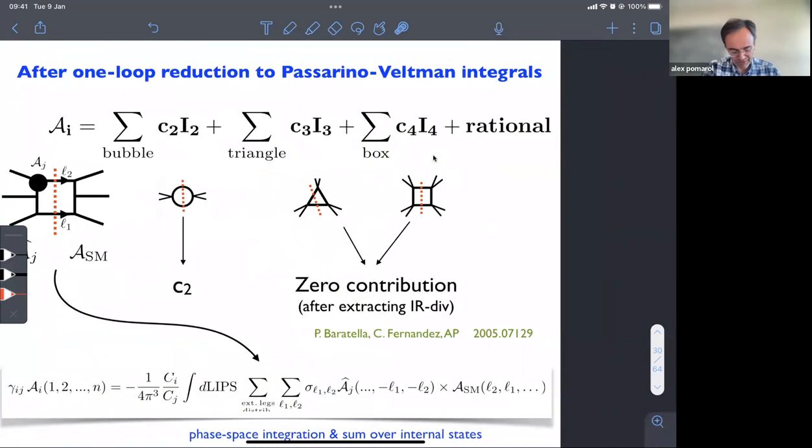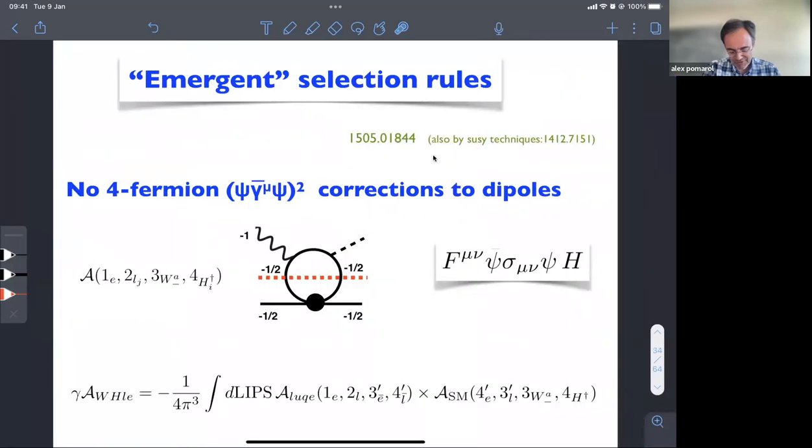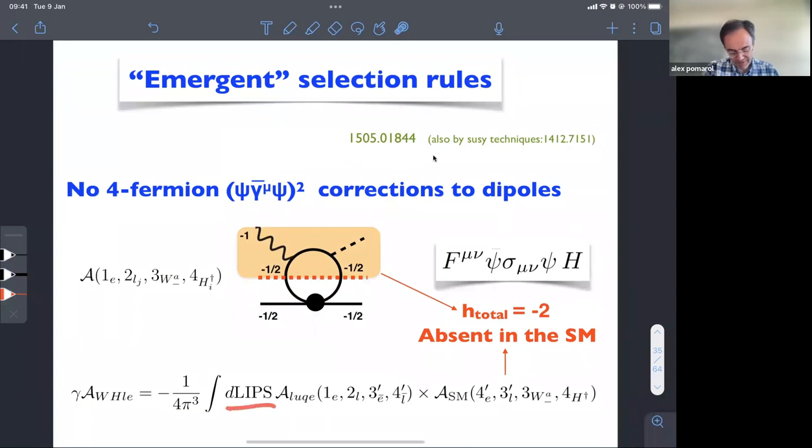But the anomalous dimension is quite simple. So the formula tells me I have 2 tree-level cuts. This is a very physical process. This guy is scattered and there is scattering to the other 2. That is represented like this. This is the phase space integral of these 2 amplitudes.